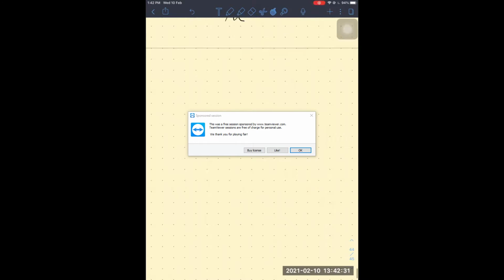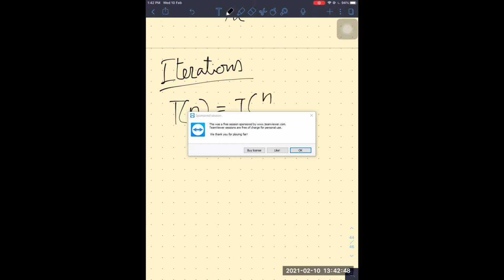For example, if we have T(n) equals T(n/3) plus big-O of n, you can apply the Master theorem there directly. One other way is by using iteration. There you consider the next term. What will the next term be if we put n by 3 there?